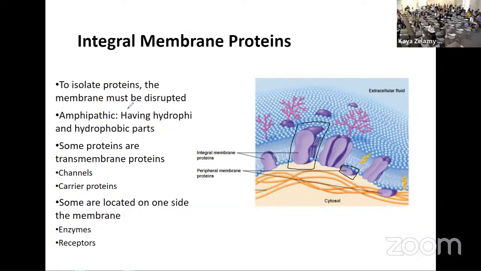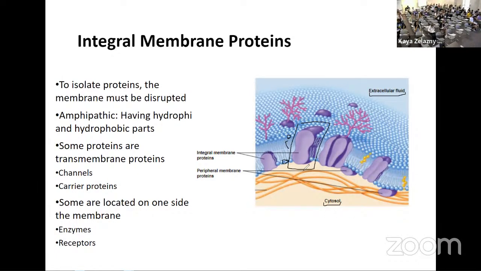We're not doing that in this class, so don't worry about that too much. The ones that go all the way through the membrane do need to be able to embed themselves both among those polar heads, those non-polar fatty acid tails, and again, same deal on this side, and they need to be able to touch the water in the extracellular fluid and the water in the intracellular fluid or in the cytosol.